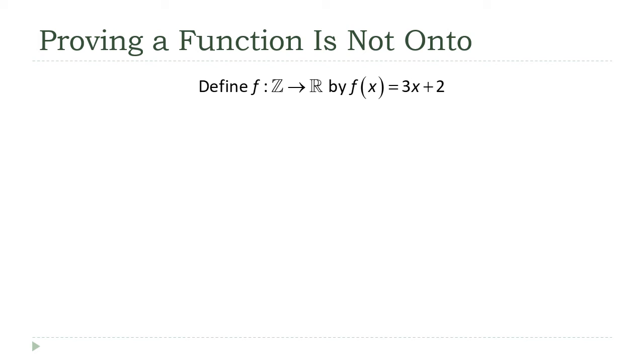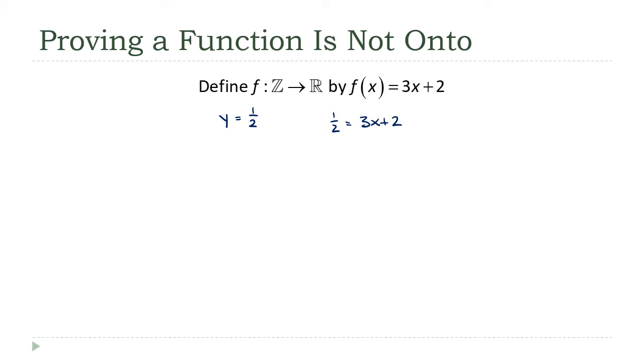Okay, so how about a function that is not onto? Well, this is practically identical to the last one. I just tweaked one thing. I changed the domain. So the domain is now not the real numbers anymore. It's just the integers, and my formula doesn't work anymore. If I pick y to be, let's say, 1/2, well, try to find the x value. 1/2 equals 3x plus 2.